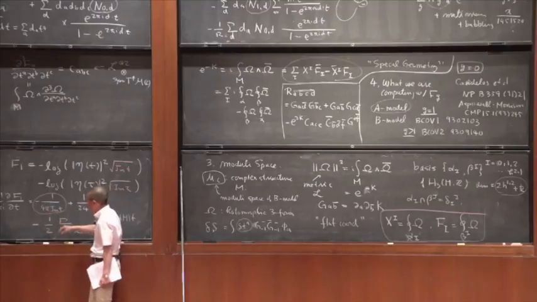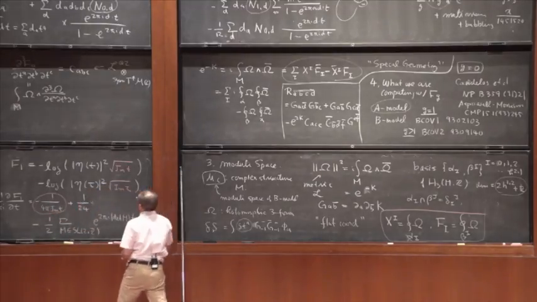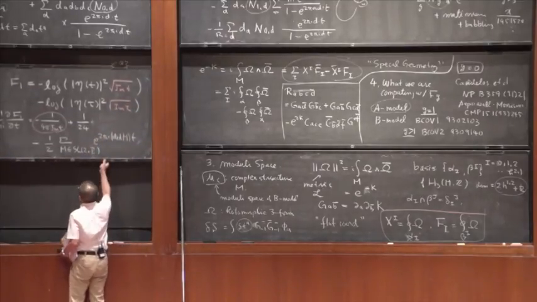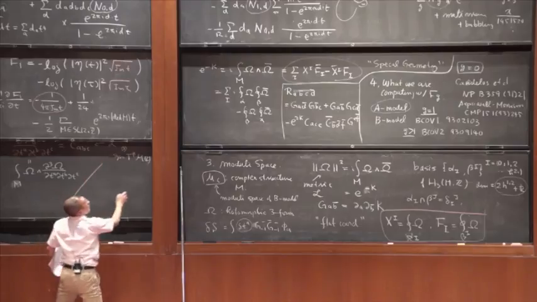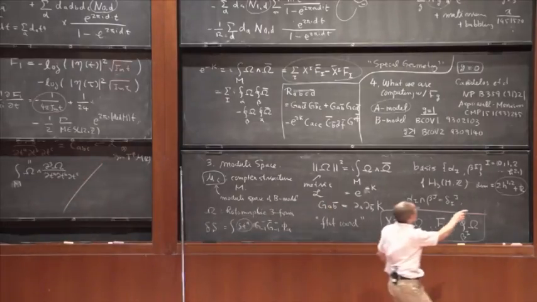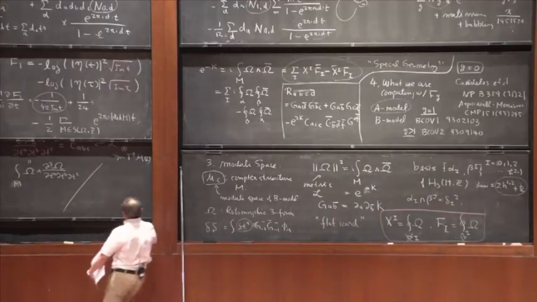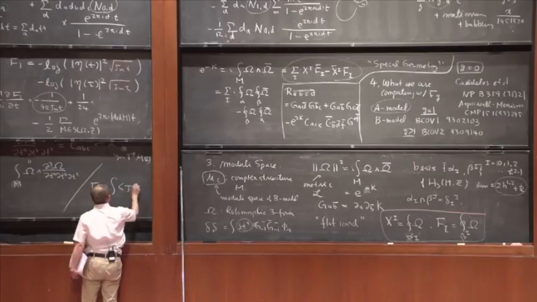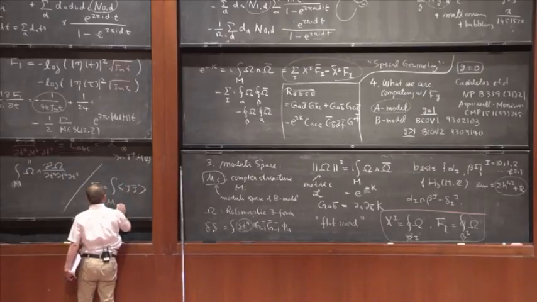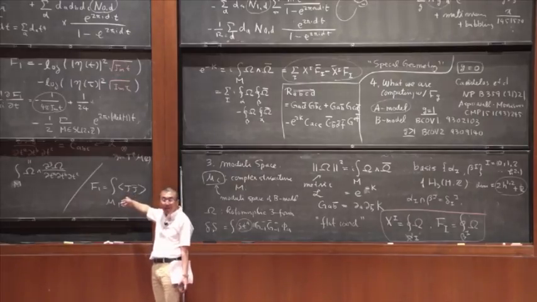Well, because for both, if you remember the definition of F1, which was somewhere there, but I erased it, I guess. F1 is just an integral of j bar over the moduli space of the torus.